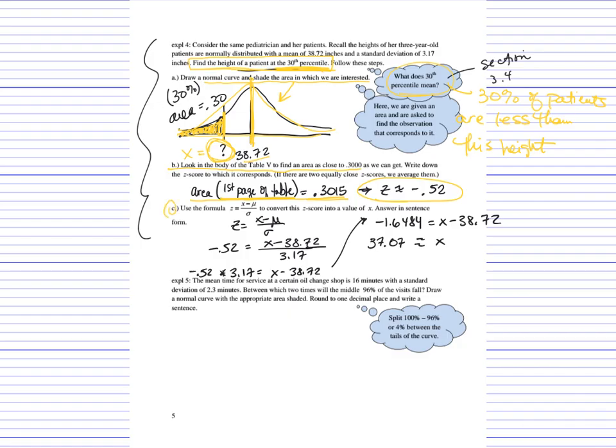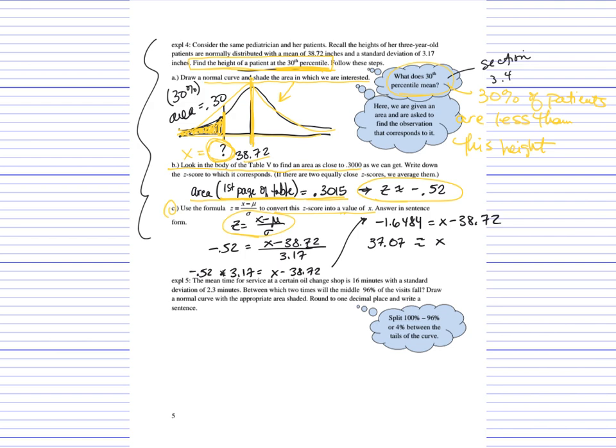Okay, for part C, we're going to convert that z-score into a value of x. We have been doing this the other way, right? We've had an x value, we then converted it to a z-value, and then looked up its area, right? Well, now we started with the area, went through the z-value score, and now we're converting that into an x-value. So I have this relationship, z equals x minus mu over sigma, that I know.